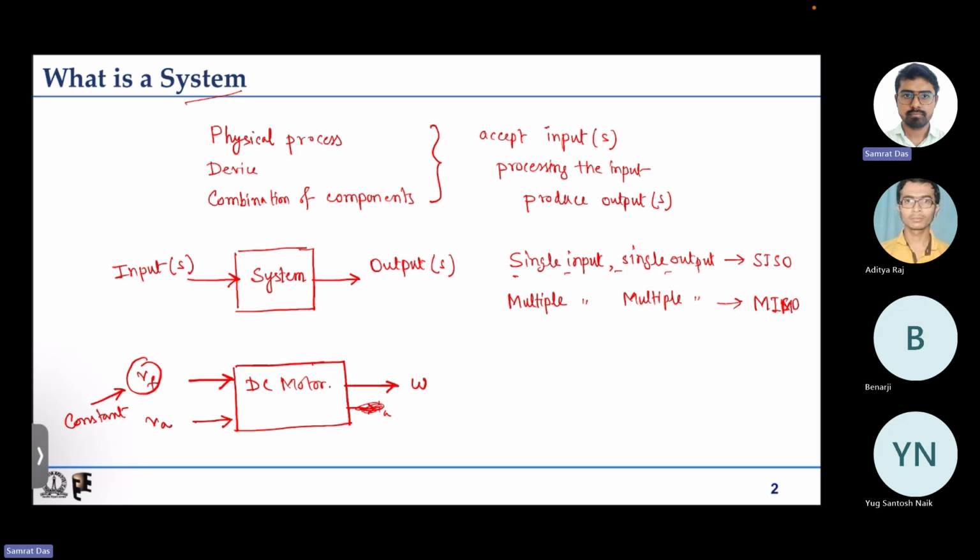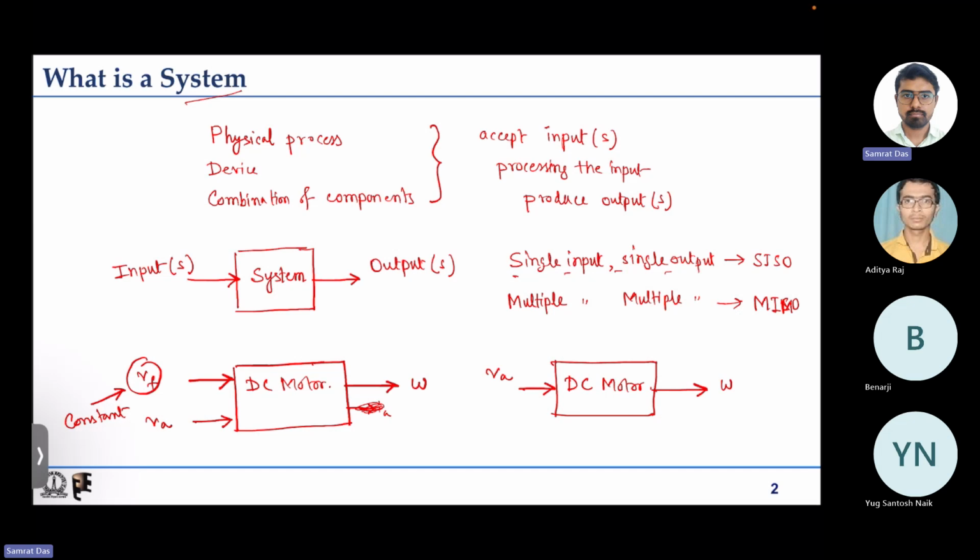So in that situation our DC motor can be considered as a single input single output system only. We are only changing the armature voltage and we are trying to maintain speed while delivering whatever required amount of torque.